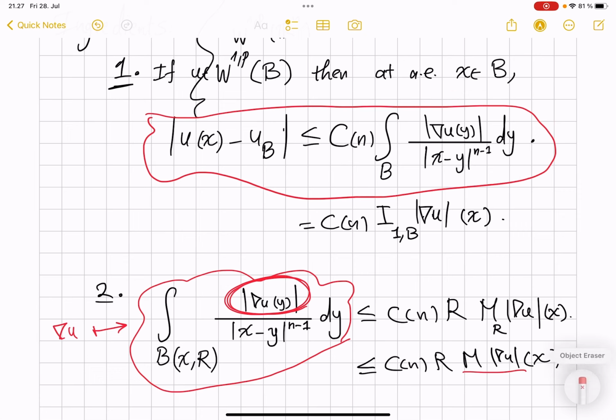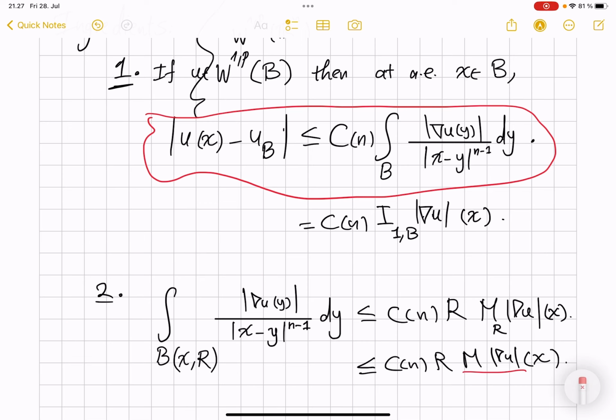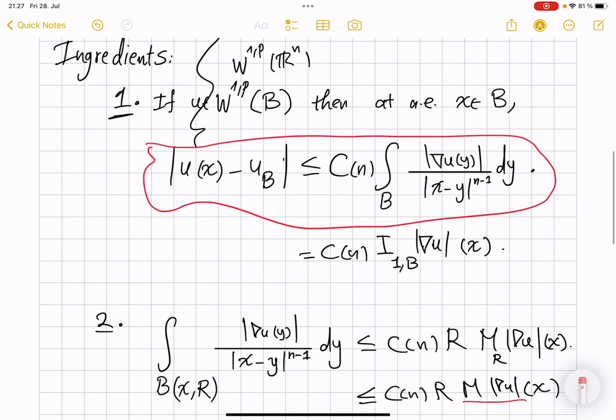But then the question becomes, how do you even reach here? Or how on earth would someone come up with such an inequality, bounding the oscillations of the function by such an object? Why and how did that |x minus y| to the power n minus 1 appear in the denominator?